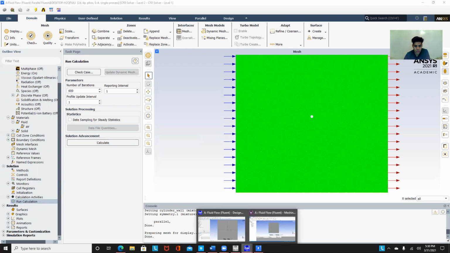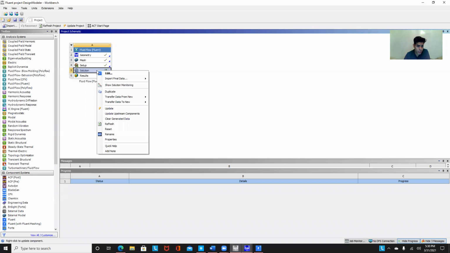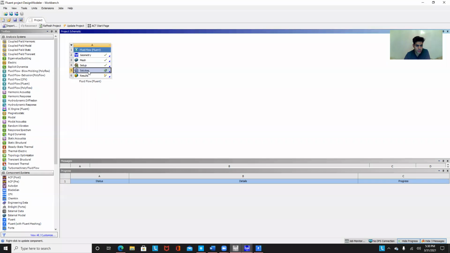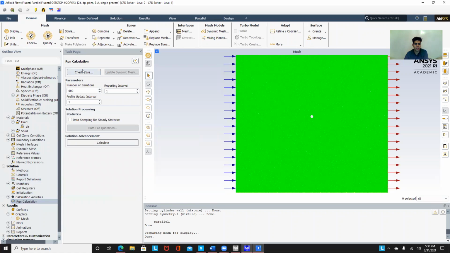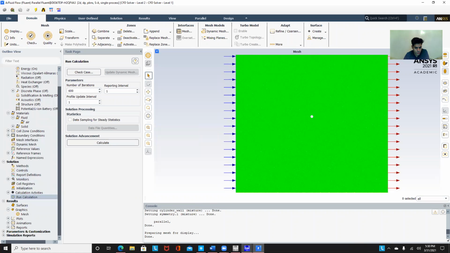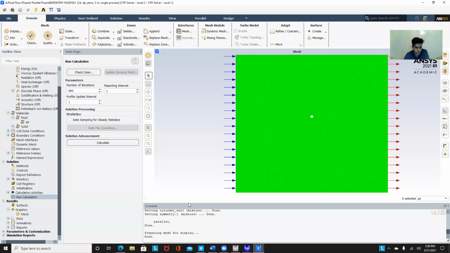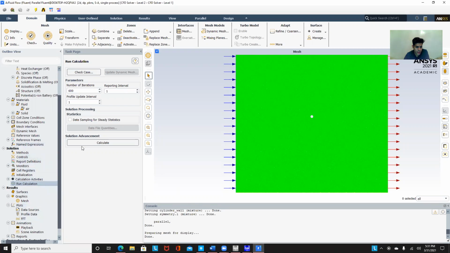After you finish calculating, you can just go to your solution over here, or you can go look at your results. So I'm just going to go ahead and click on solution and see if it's going to be preparing my mesh. Okay, I'm assuming I have to run this calculation again. Yeah, I have to initialize it first.